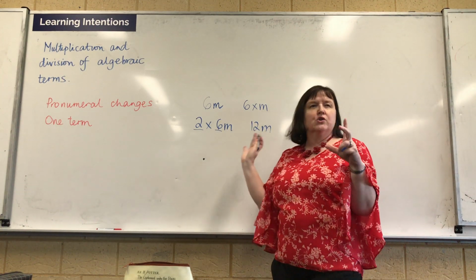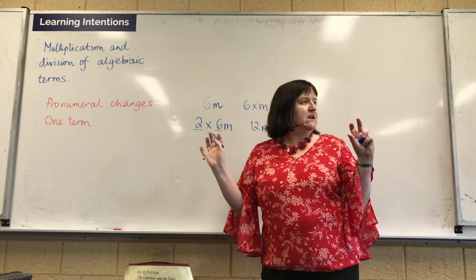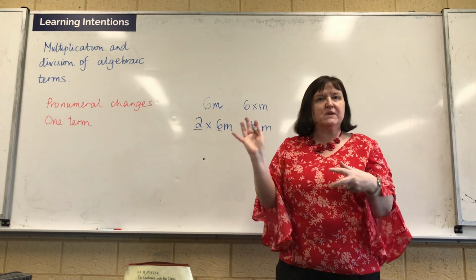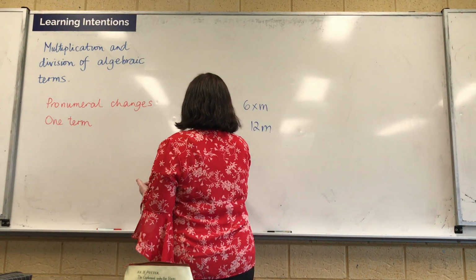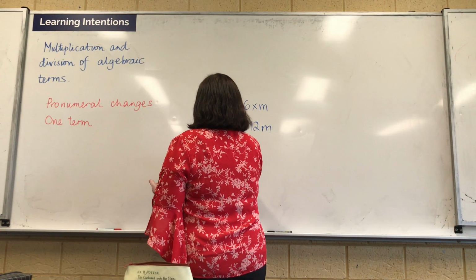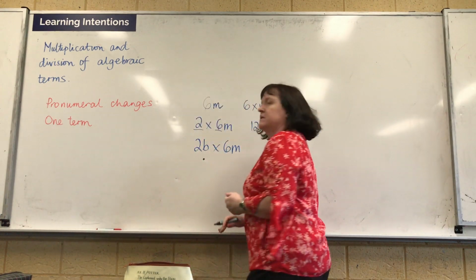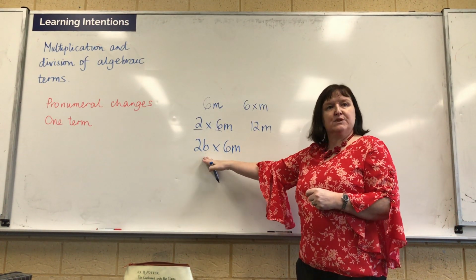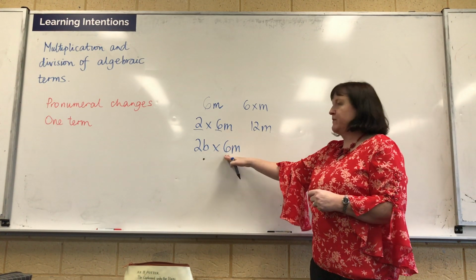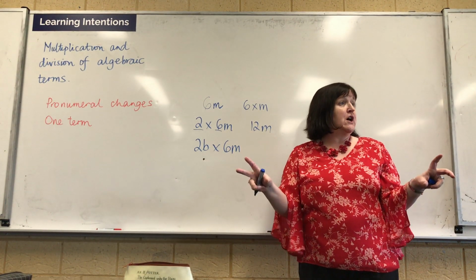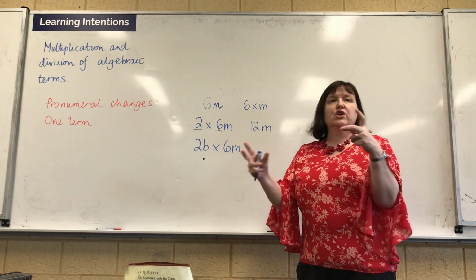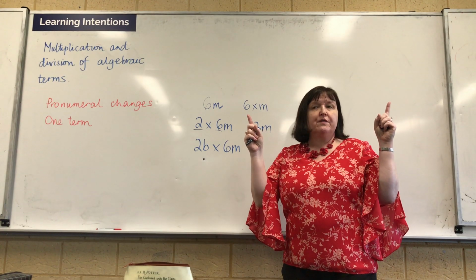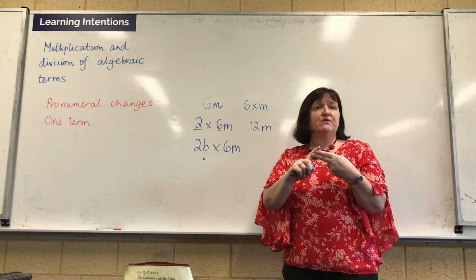So these should all be fairly easy for you because we did these last year. The only thing that changes with these simple ones is that if you've got, say, 2b times 6m, in this case we've got a coefficient and a pronumeral in both terms. Now, you can do it either way, really. I tend to think about the symbol first. Is it positive or negative?